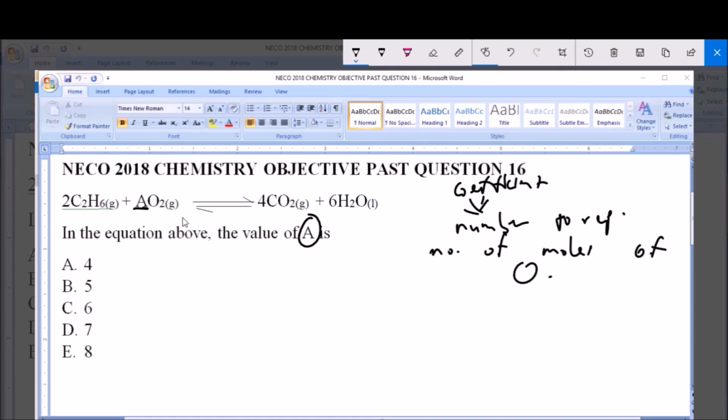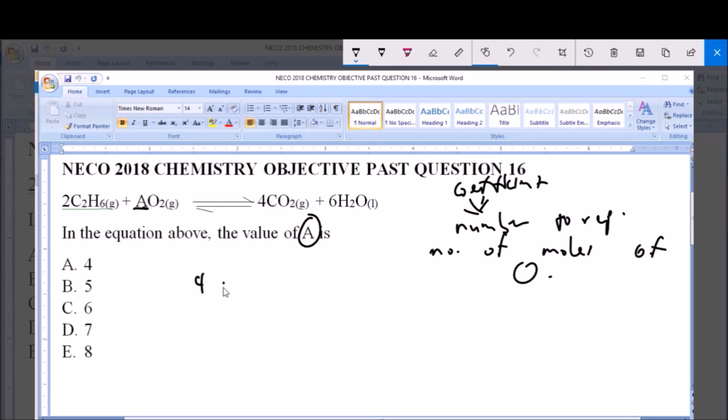What does A represent? Now, in order to find this, you check if the reaction is balanced, and from the look of things, the reaction isn't balanced. So you take a look at the number of oxygen you have on this side, and then use it to estimate the number of oxygen you have on this side. Now on this side, you have 2 oxygen in CO2, 4 moles of CO2.